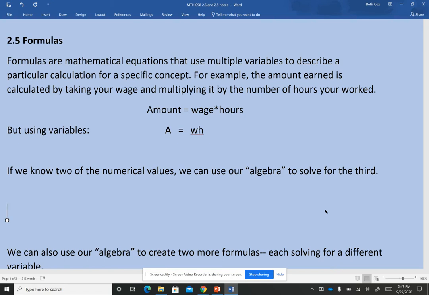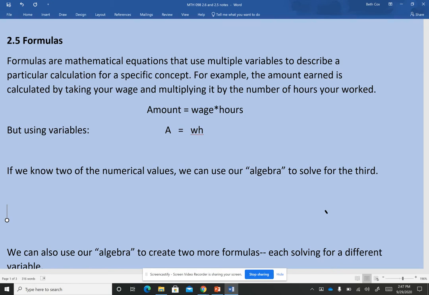The amount that we earn is equal to our wage multiplied by the number of hours that you worked. And so that's A equals WH. Remember, W next to an H means W multiplied by H or H multiplied by W. If we know two values, we can always use our algebra to find the third.